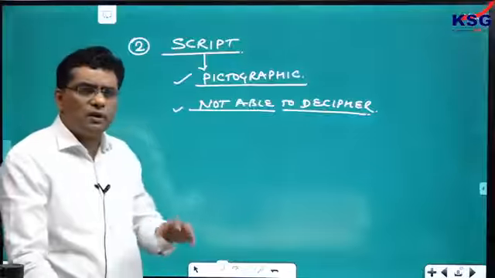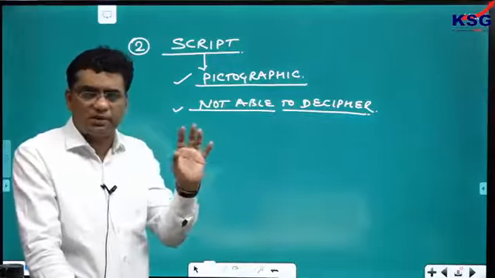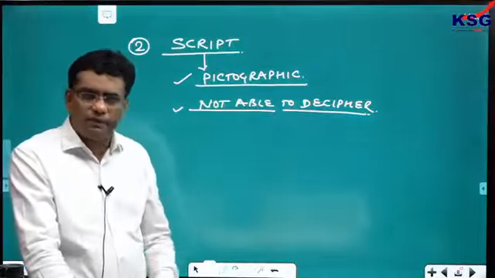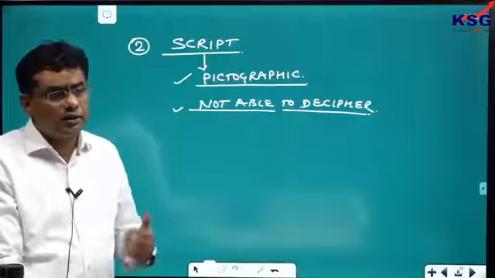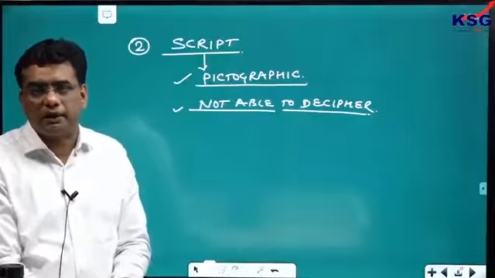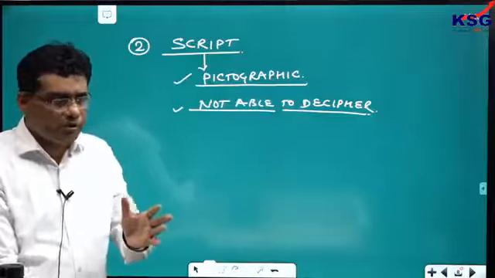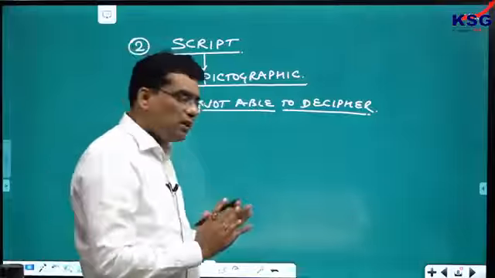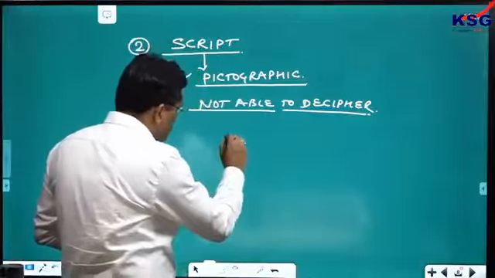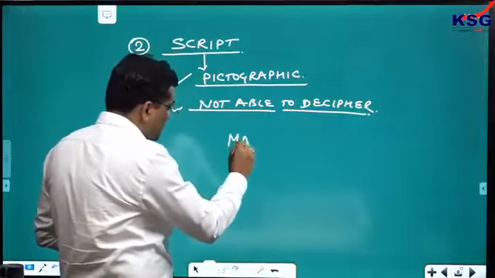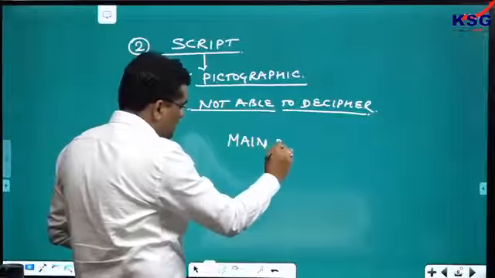We have found many symbols, around 300-400, that they were using for the script. But the main symbols were only 64. If any book says 200 or 300, don't be confused.